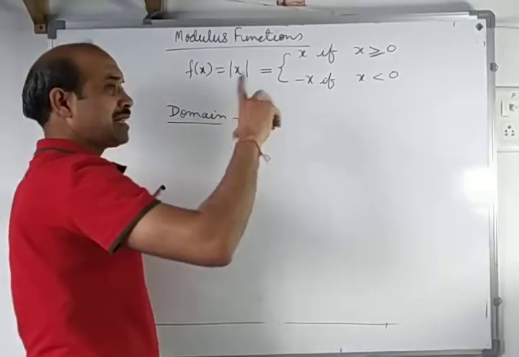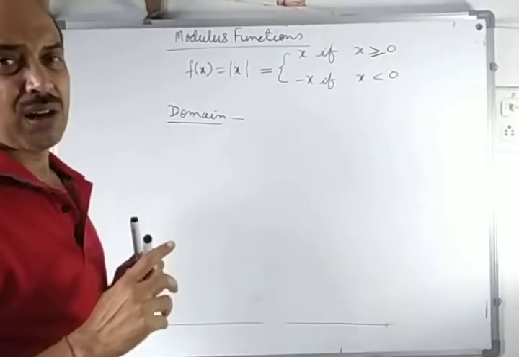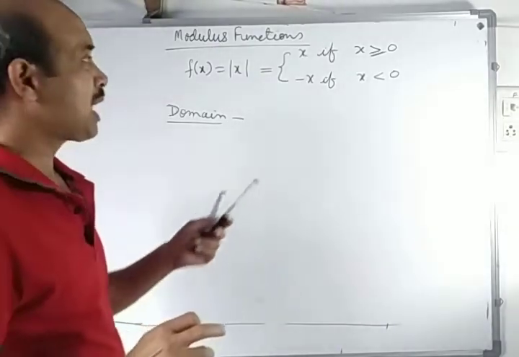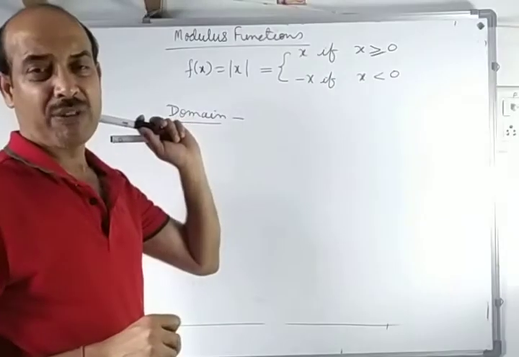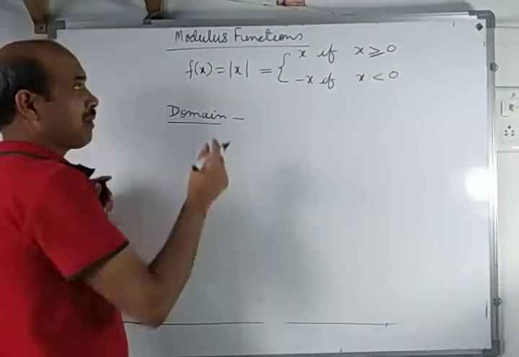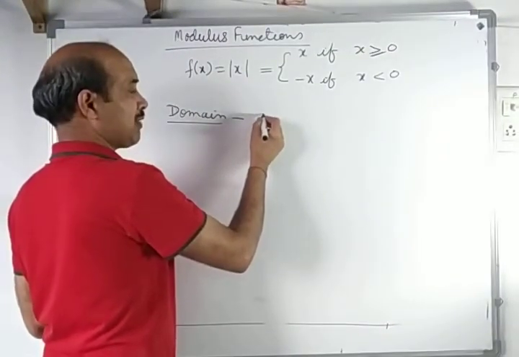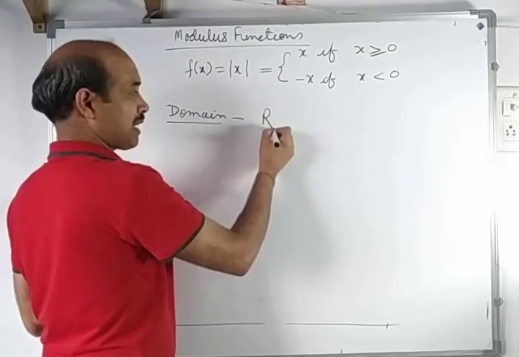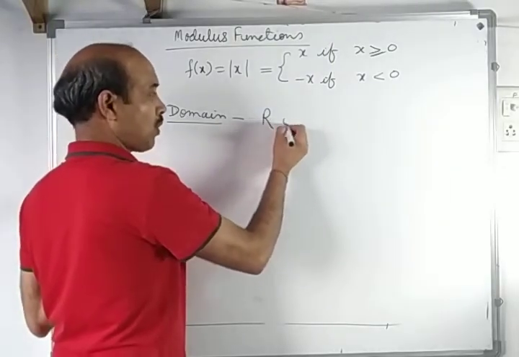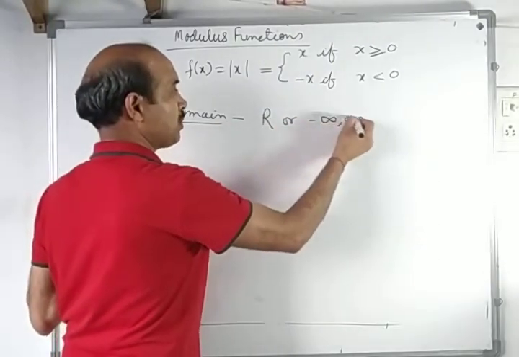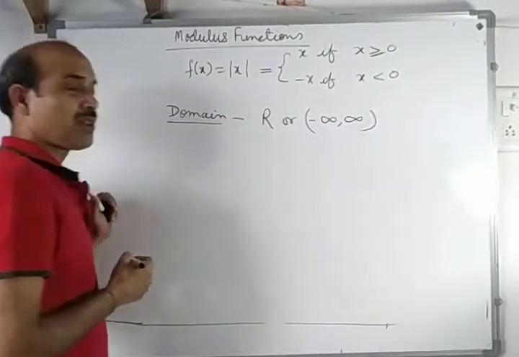It means the entire set of real numbers can be put in place of x, and we will have the value of mod x for all. So therefore the domain is the set of real numbers, or minus infinity to plus infinity.